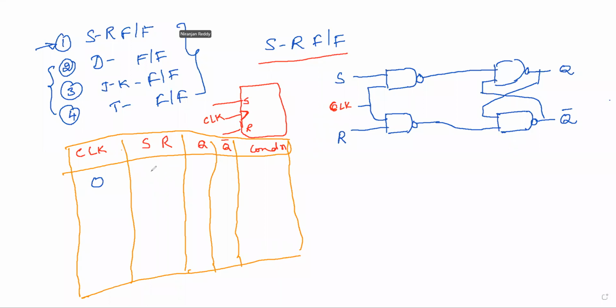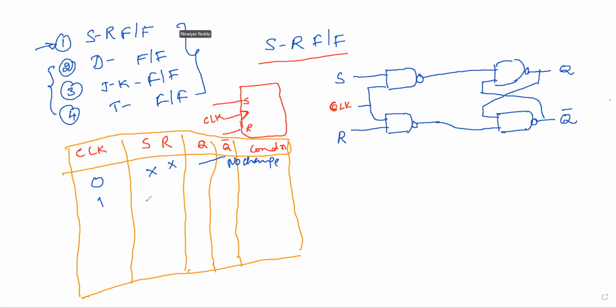Similarly, the clock being 0 means we are not selecting this particular circuit at all. So whatever the input values may be, there is no change, because the value of Q remains the same and the value of Q bar remains the same.